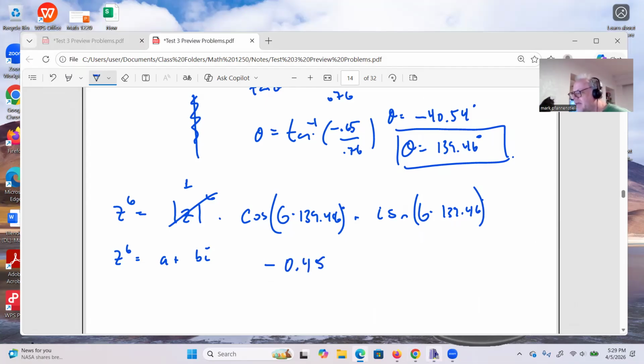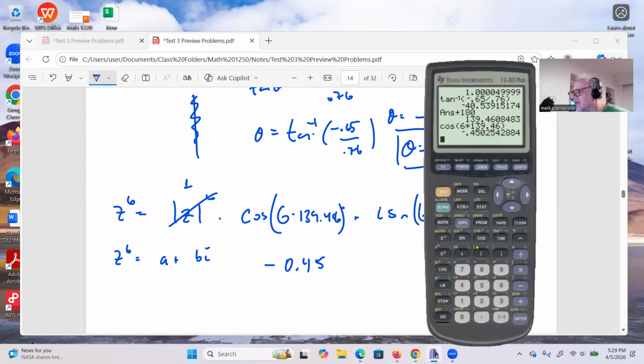Then we're going to do the same thing with our sine. We need the sine of 6 times 139.46 degrees, and I'll close my parentheses for that.